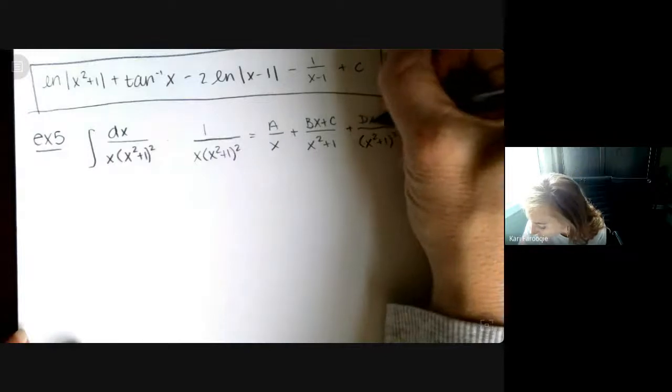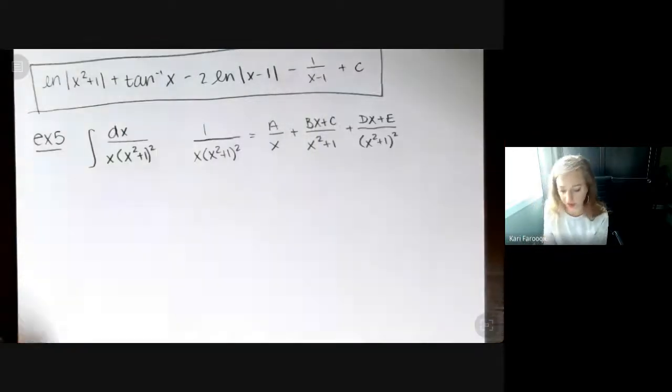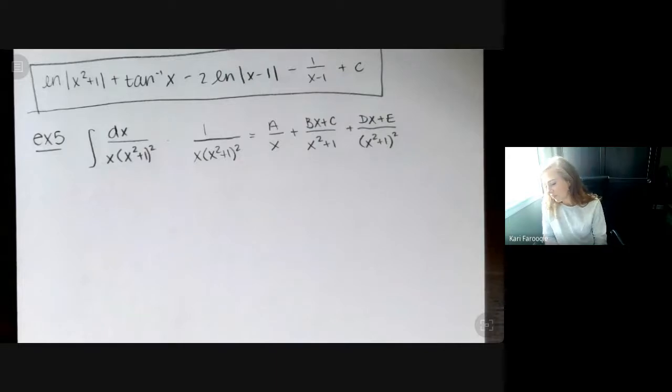So dx plus e. If you're going to use e, that's fine. I know sometimes in math they say don't use e as a variable, but that's just because e is also a transcendental number. So if you feel comfortable using e, that's fine. I tend to just leave it as capital E so it doesn't get confusing. If you're going to use d, make sure it doesn't look like a 0.